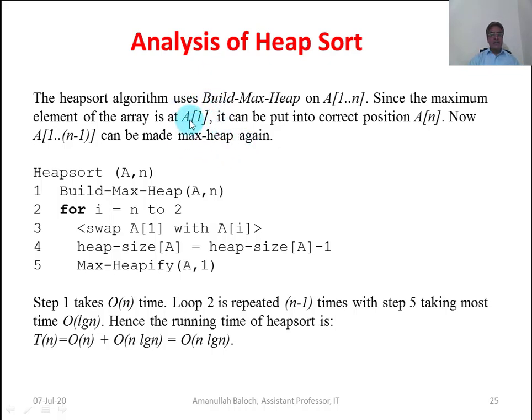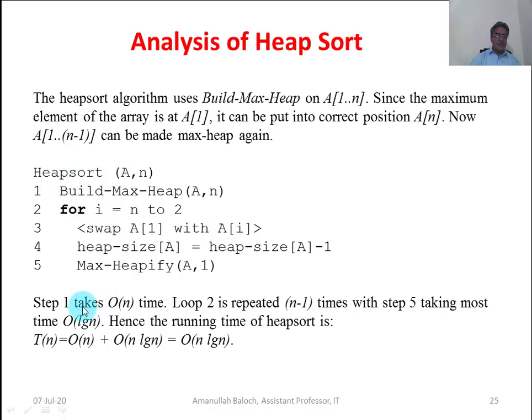During the first iteration, the element at location 1 will exchange with the element at the last nth position, and the heap size will be reduced, so it will be from 1 to n minus 1, 6 minus 1, that is 5, and this will be the max heap. Now the size of the max heap will be 1 to 5. So in one cycle, build max heap actually converts the element from first position to last position.